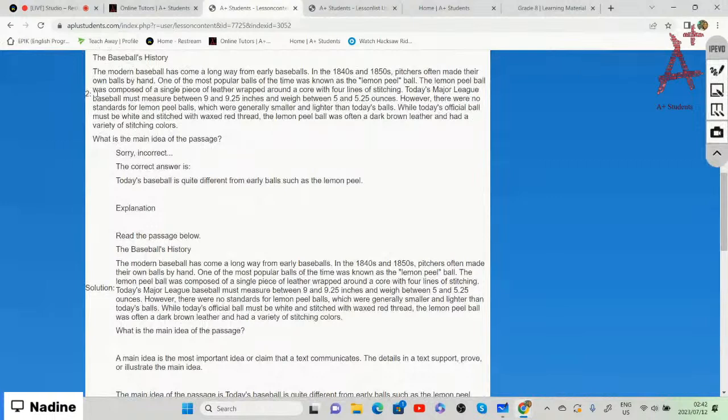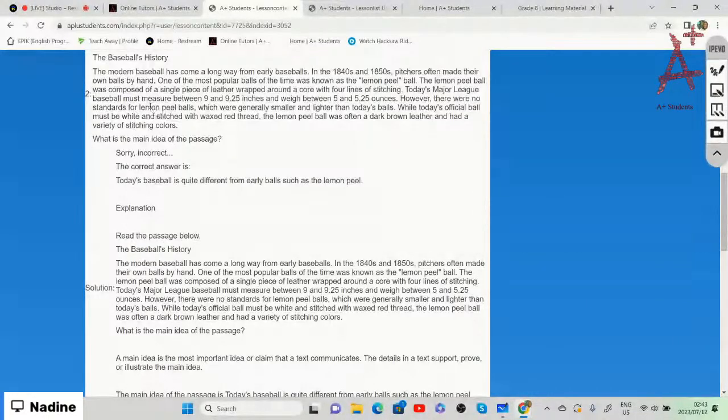Today's Major League Baseball must measure between 9 and 9.25 inches and weigh between 5 and 5.25 ounces. However, there were no standards for lemon peel balls, which were generally smaller and lighter than today's balls. While today's official balls must be white and stitched with waxed red thread, the lemon peel ball was often a dark brown leather and had a variety of stitching colors.